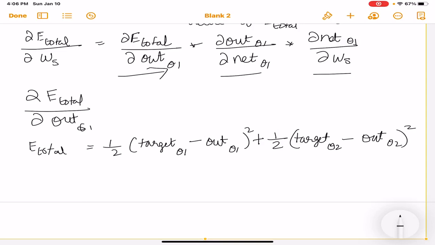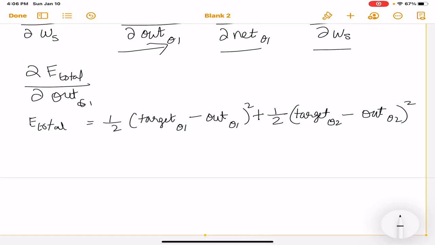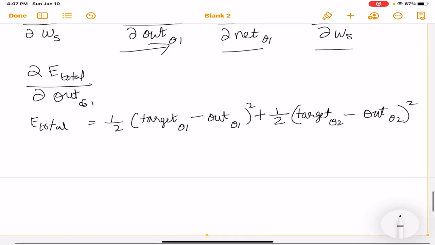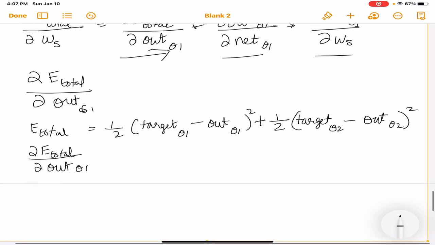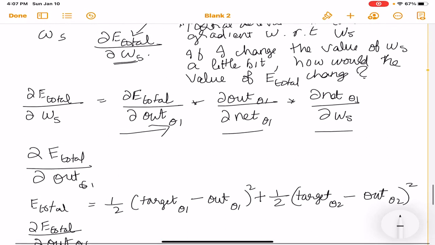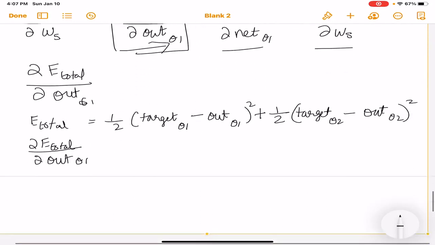So we have the equation for E total. What we want to find is dou E total divided by dou out O1, which is this piece of the equation that we are computing.